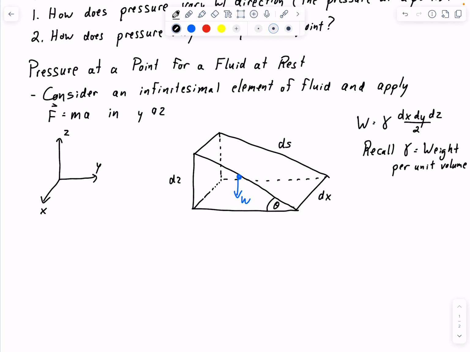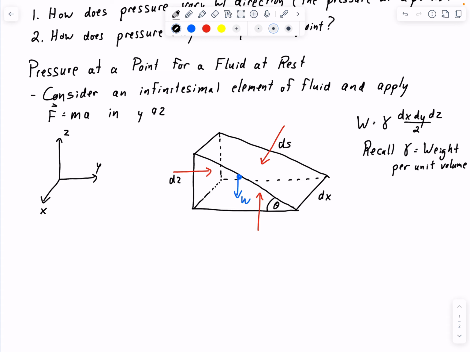Now what pressure forces do we have acting on this wedge? On the left-hand face we have a force acting, we have a force acting on this face right here, and we have a force from pressure acting on the bottom as well. We're not dealing with the front and back faces; they don't come into this derivation. Let's come up with expressions for these forces. The force from a pressure is the pressure multiplied by the area.